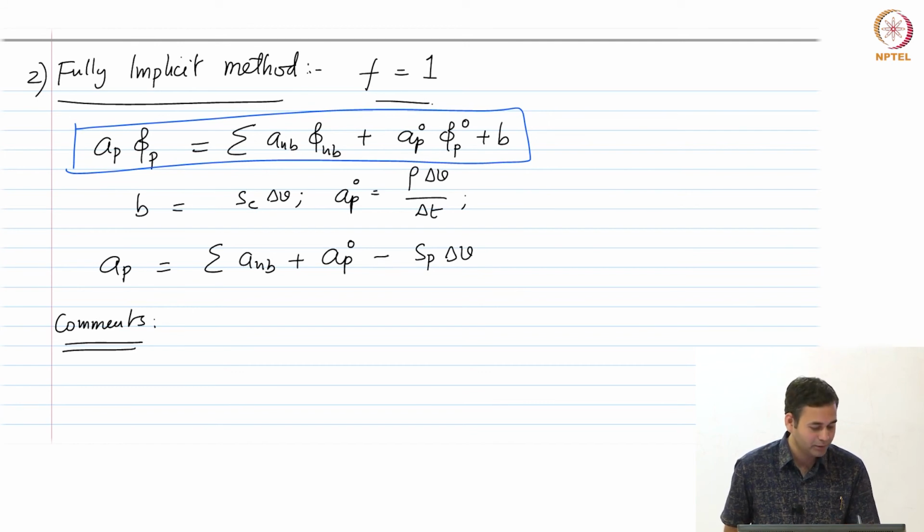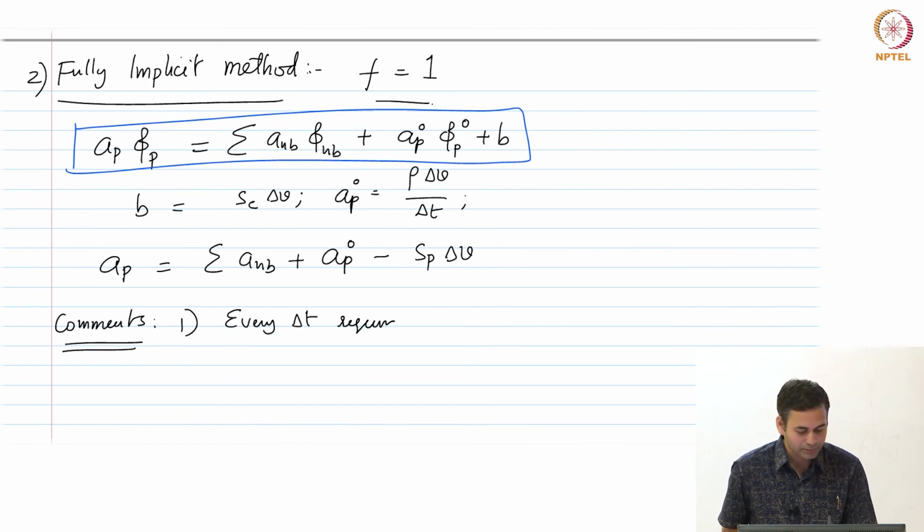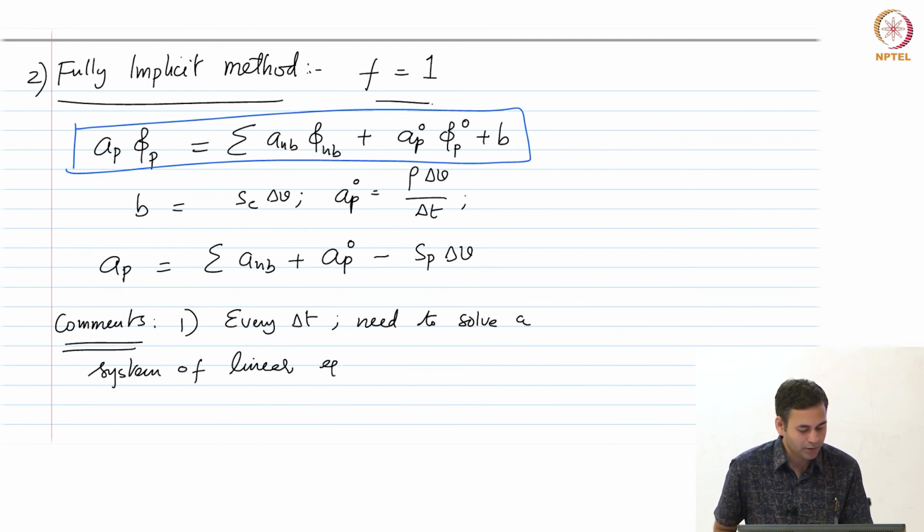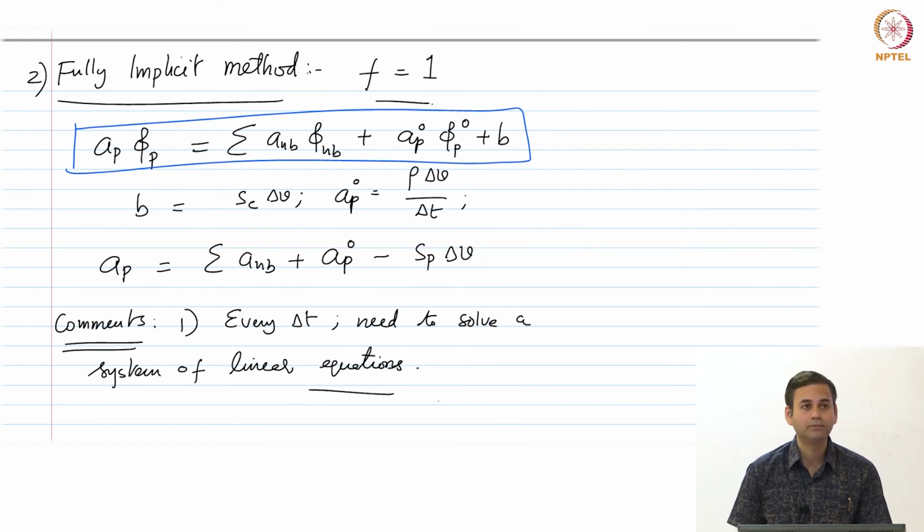For every delta T you need to iterate, or essentially you need to solve a system of linear equations. That means you have to use Gauss-Seidel, or a TDMA if it is one-dimensional, or a line by line TDMA for every delta T.